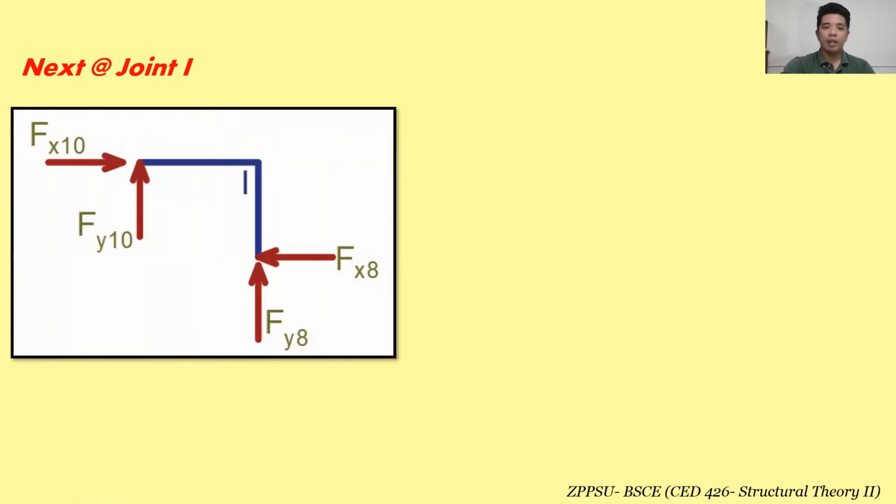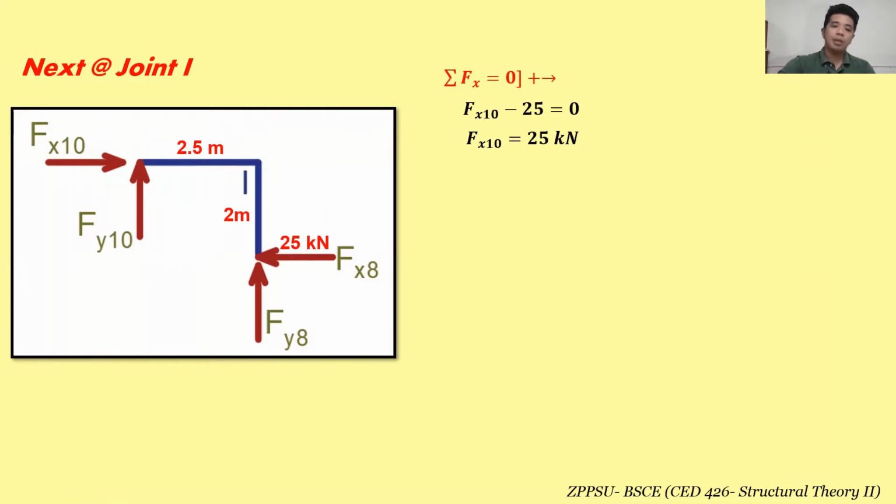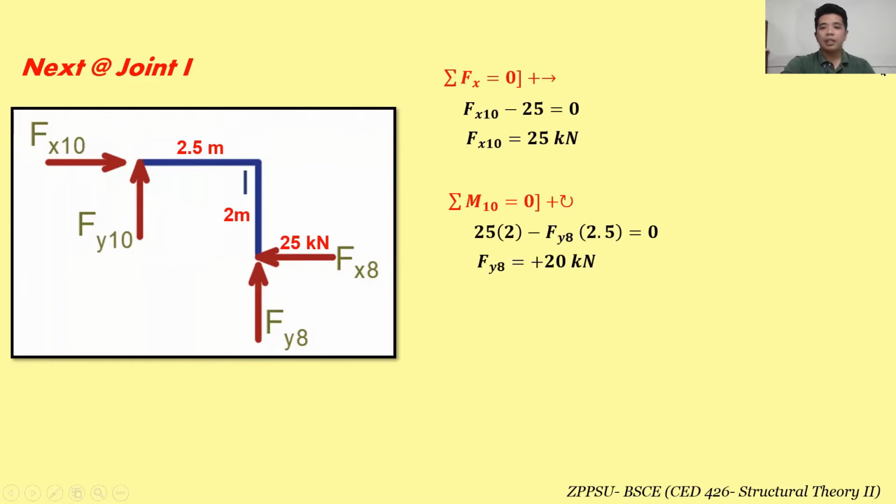So, yan yung joint I. But we already have 25 kilonewtons for Fx8, same as with Fx6. So, madali lang. So, sum of forces along X equal to 0. So, Fx10 is equal to 25 kilonewtons. So, wala na siyang ibang kontra. So, summation moments about point 10. Let's take moments about this point equal to 0.